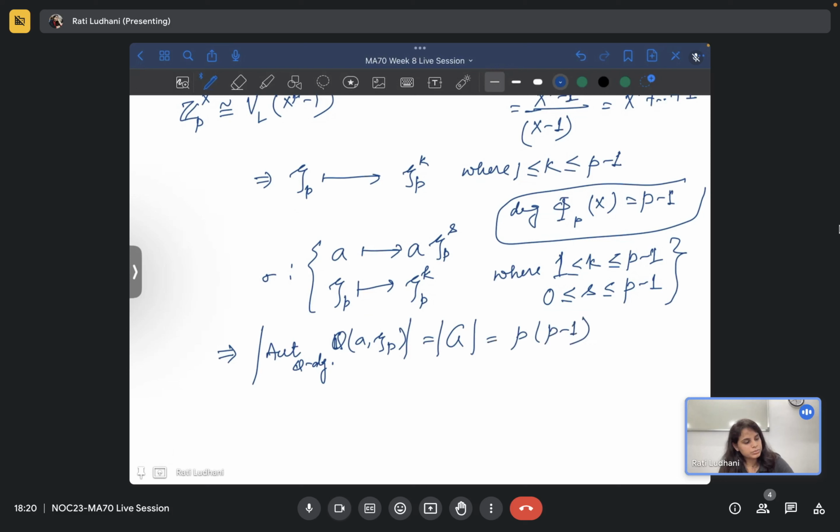I am saying p into p minus 1 because k is going from 1 to p minus 1 and s is going from 0 to p minus 1. So s has p options and k has p minus 1 options. So in total we have p into p minus 1 options for a and zeta p to map to.